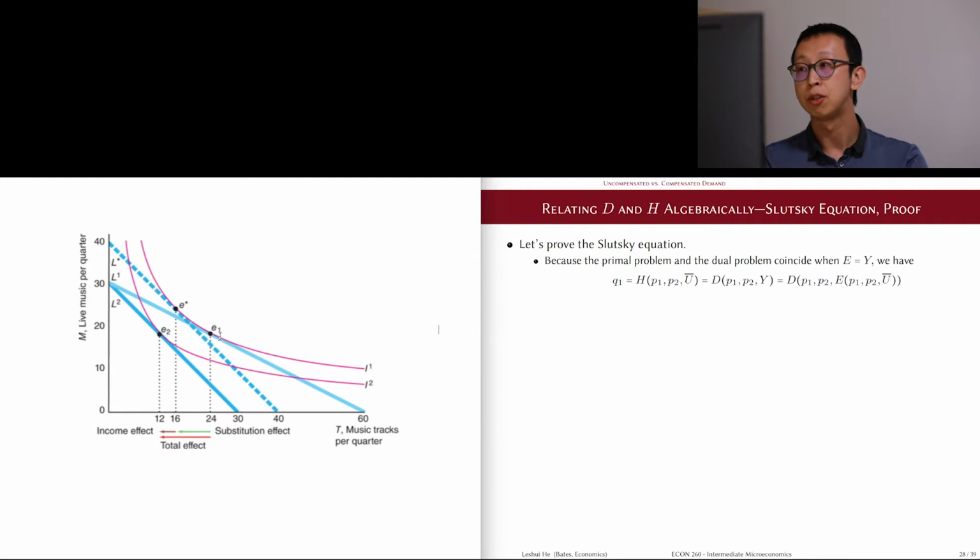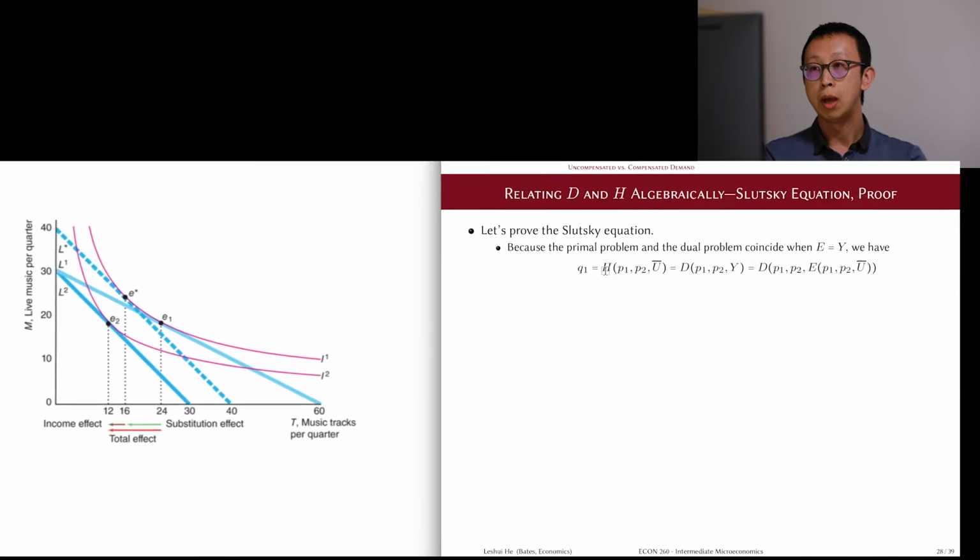And the expenditure level incurred at the consumption bundle at E1 is given by the expenditure function E. To turn it the other way around, if we solve a utility maximization problem with this particular expenditure level E, then we'll also find exactly the same optimal demand and the same utility level U bar. So all these 3 objects are equivalent.